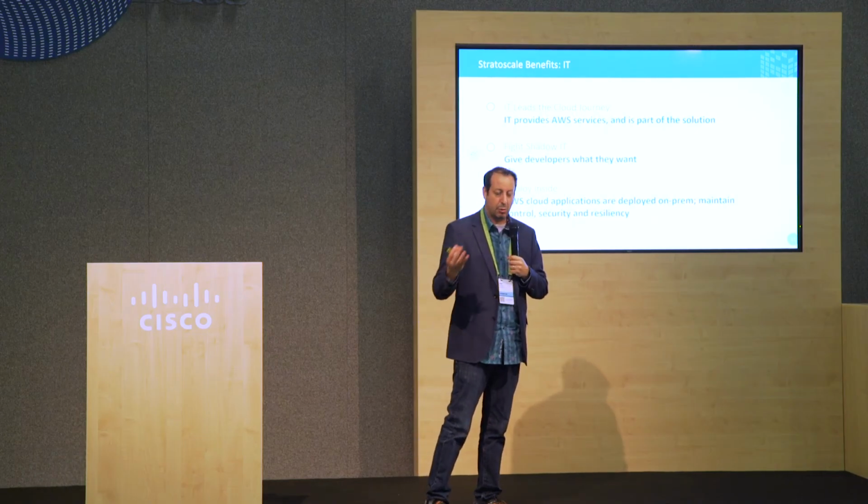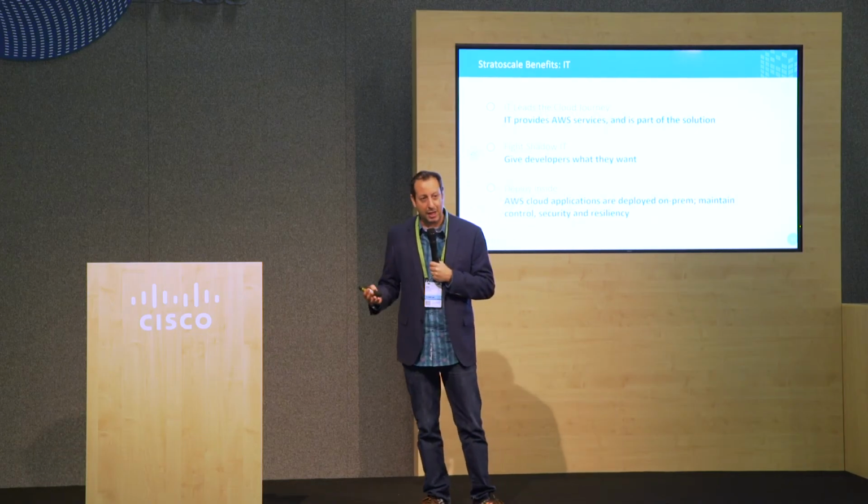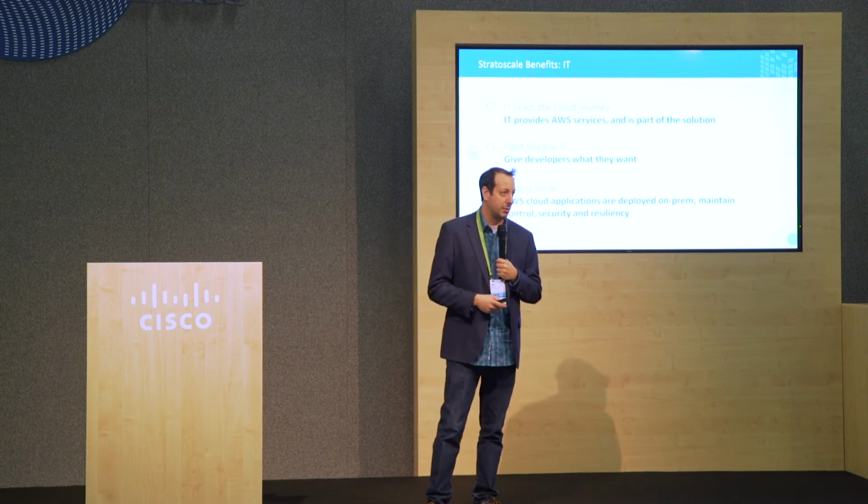Again, giving the developers what they want creates alignment of interest between the IT team and their core customers. And through that, they can reach solutions together instead of bypassing them. Being able to deploy inside and develop outside, or develop inside and deploy outside, gives you tremendous operational flexibility.